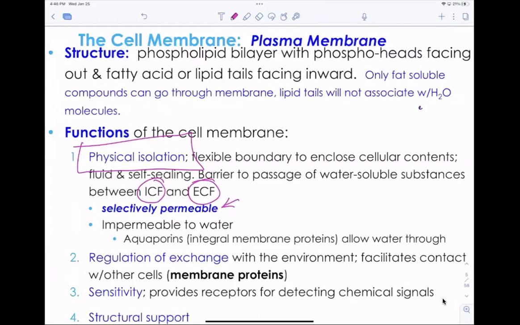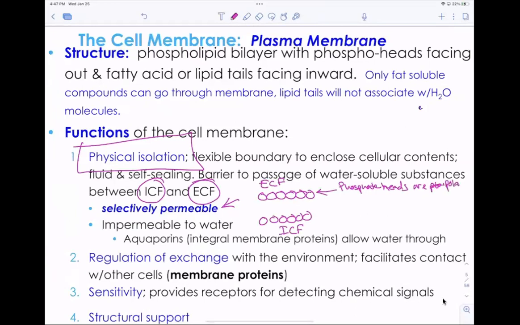And the way it does this is you have these phosphate heads. So if this is the extracellular fluid, these phosphate heads on the outside from the intracellular fluid, these guys right here are polar molecules.